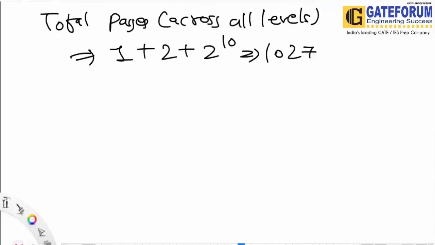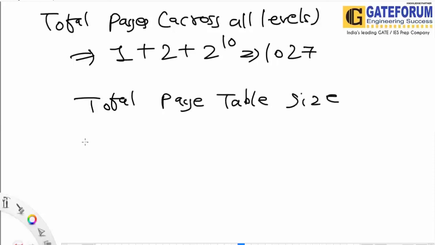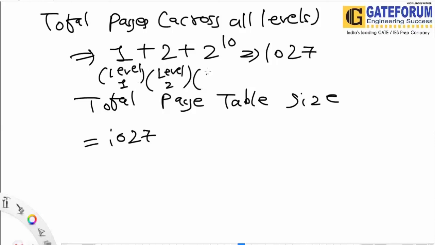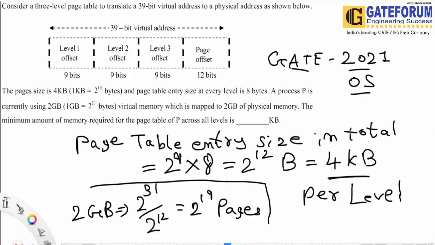So if you want to find the total page table size, in total we will require 1027 page tables, where 1 is for level 1, 2 is for level 2, and 2 raised to 10 is for level 3, multiplied by each page table size, which is 4 KB.